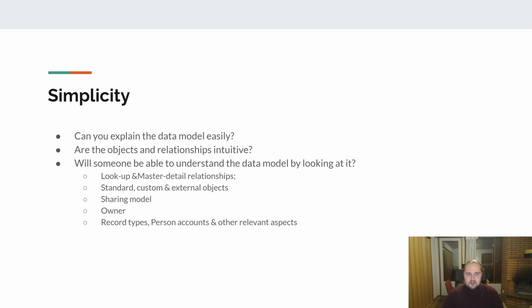What are the standard objects? What are the custom objects? What are the external objects if they are there? What's the sharing model of all of those objects? And who's the owner of all those objects, as well as any record types, or if you're using person accounts, that type of data, those should be annotated on the diagram so that I can very quickly get a good understanding of it and you don't need to explain to me what it is.